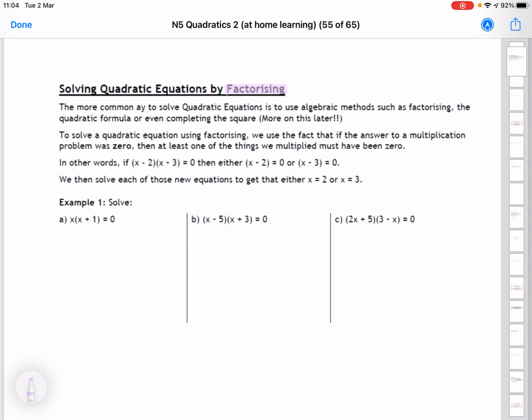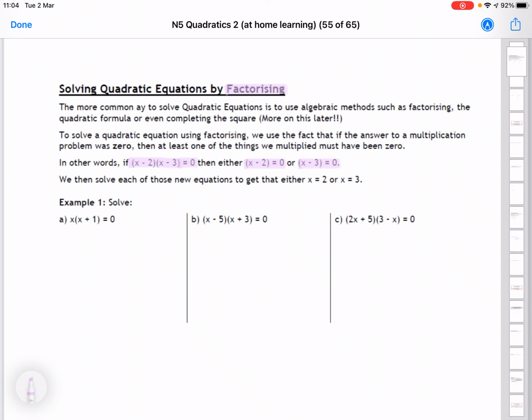If we put that into context of what we're looking at here, if we factorise our quadratic, say, into double brackets, and we know that it's equal to 0, that means that either the first bracket, so in this example here, we've got x minus 2 and x minus 3, either that first bracket, x minus 2, has to be 0, or the second bracket, x minus 3, has to be 0.